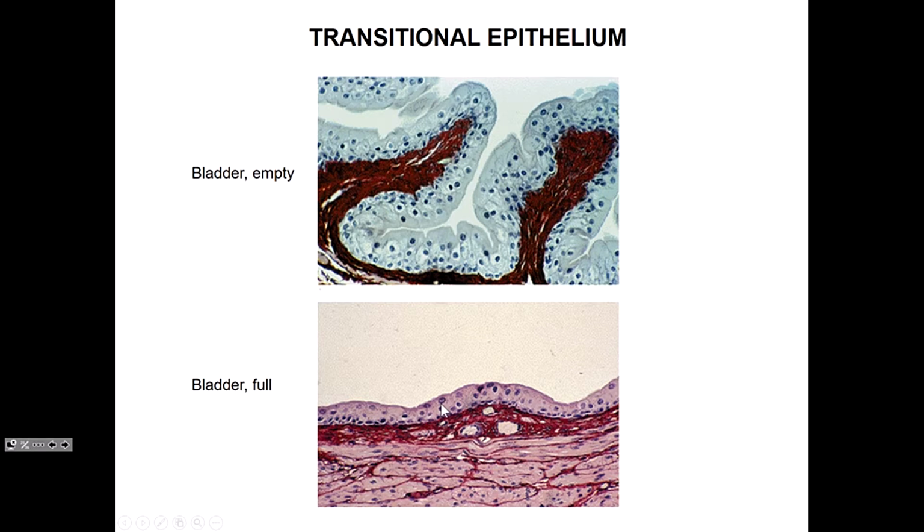Questions? Yes? The answer, if I asked you to classify this epithelium in the bladder, the answer somewhere in there would be transitional epithelium. That's the answer. Okay, but the other alternatives might be simple squamous, simple cuboidal, stratified.